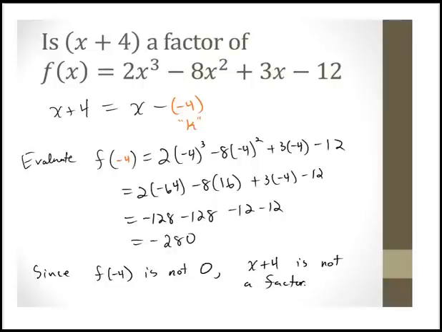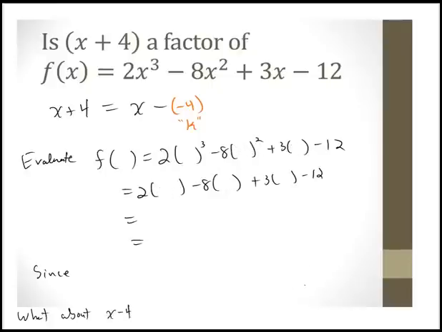Let's check another value. What about the factor x minus 4? Let's see if x minus 4 works. So let's go back. Let me erase some stuff here. So now with x minus 4, that means that my k value is 4.